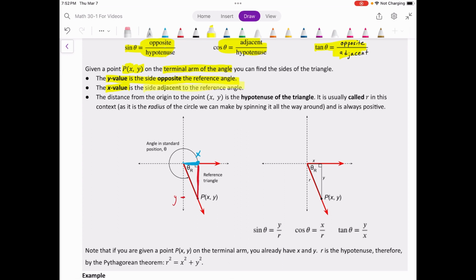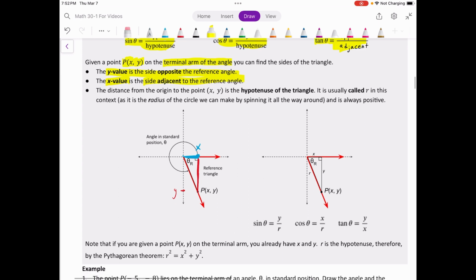And so the last piece of the puzzle here, we've talked about adjacent being the x coordinate, opposite to our reference angle being just the y coordinate. Well then, the last missing side of the triangle to talk about here is our hypotenuse. And that hypotenuse is just going to be the distance from the origin to the point that we're talking about, the point that we know on the terminal arm of the angle.